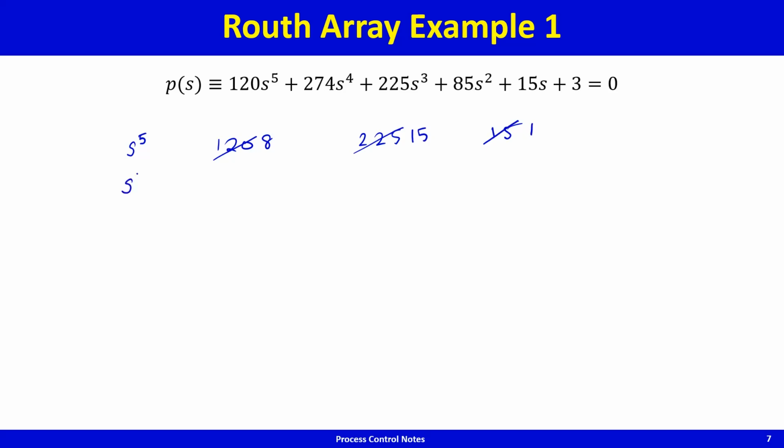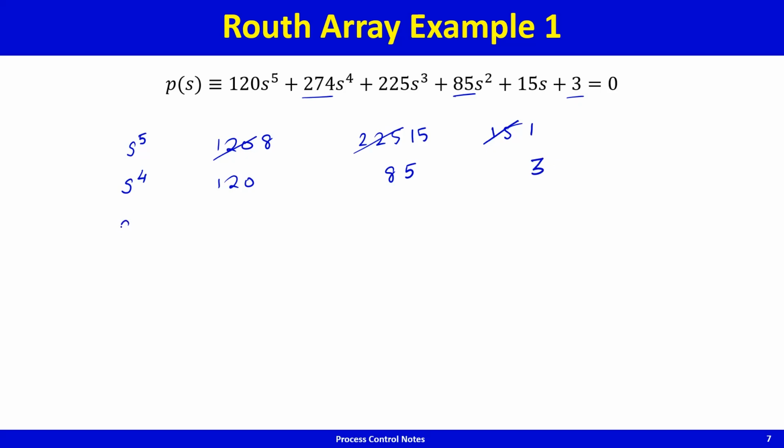Let's make the s to the power 4 row. That's going to be these 3 coefficients: 120, 85 and 3.